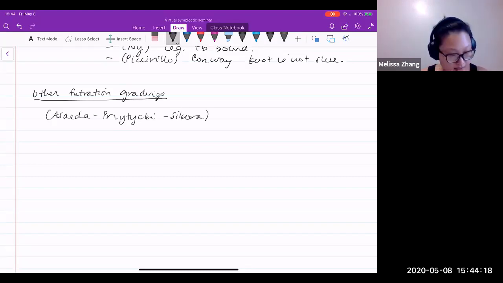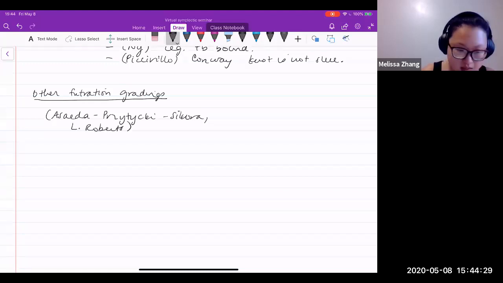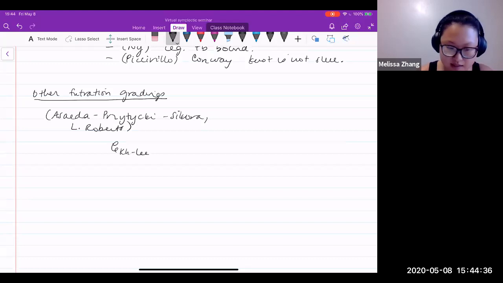So Asaeda, Przytycki, and Sikora, and I should also add here, probably also Lawrence Roberts. Basically, they showed that the Khovanov-Lee complex, if you're talking about a link that lives in an annulus cross I, so a solid torus, or you think about it as S3 with a distinguished unknot acting as some sort of axis.